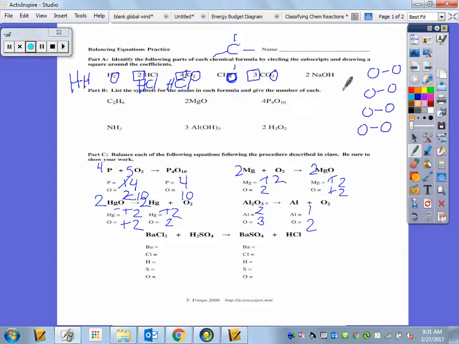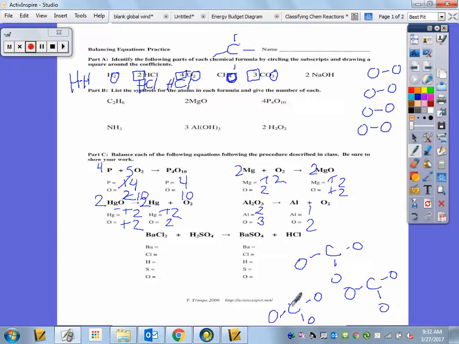So what that one's telling us is that, I'm going to draw it down here, we have a CO3, so carbon has 1, and we have 3 oxygens, so 1, 2, 3. There we go. But we have 3 of those, so there's another carbon over here with 3 oxygens, and another carbon over here with 3 oxygens.